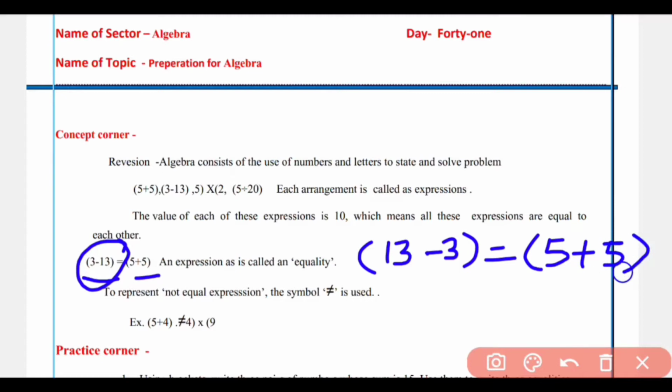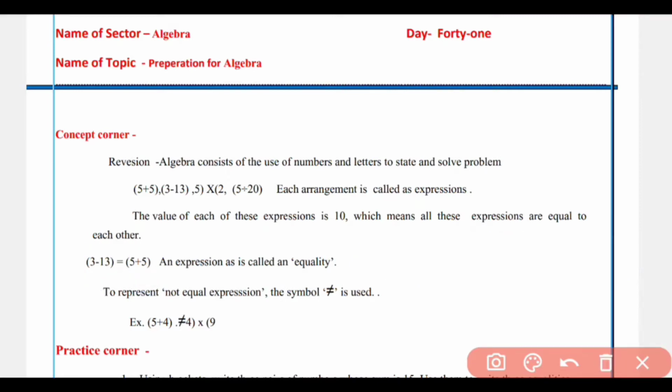These are known as equalities, because the left hand side of the equal to sign and the right hand side of the equal to sign, both answers are equal, so we can put an equal to sign between them, and this is known as an equality. So in this way you can write the equalities.